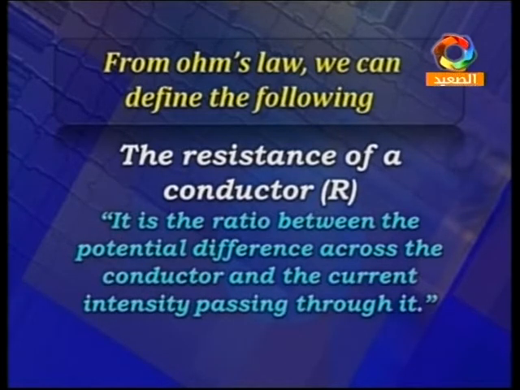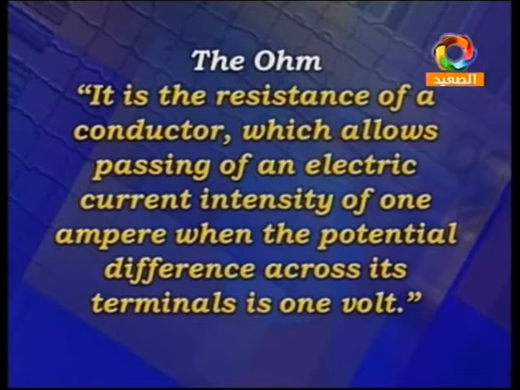If you have a question, here we define R, or the resistance, according to Ohm's law: the ratio between the potential difference across the conductor and the current intensity passing through it. After that we have another definition, the ohm.